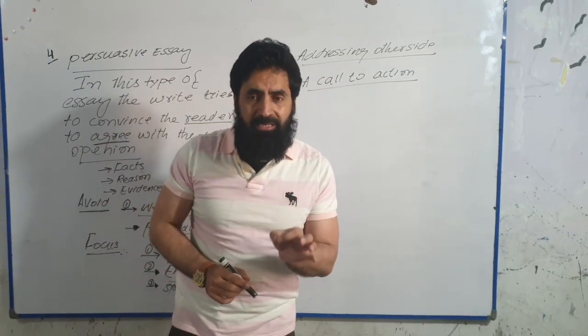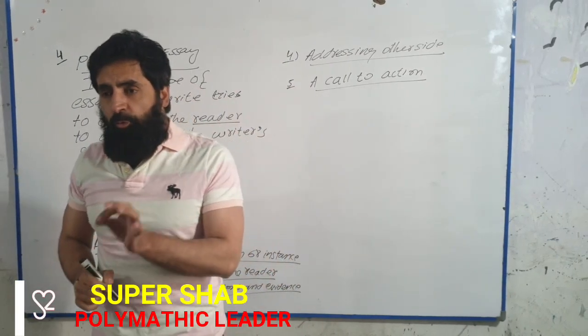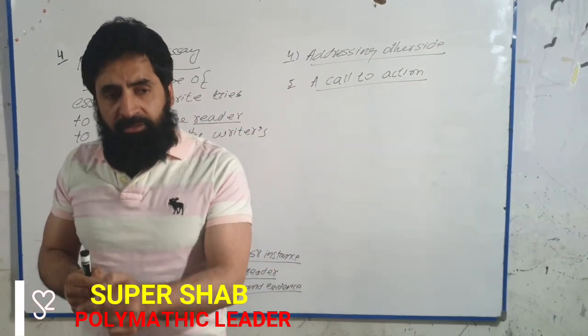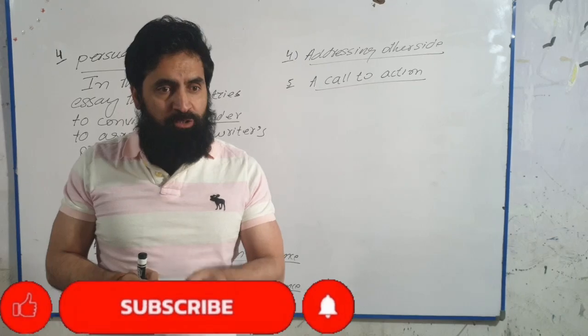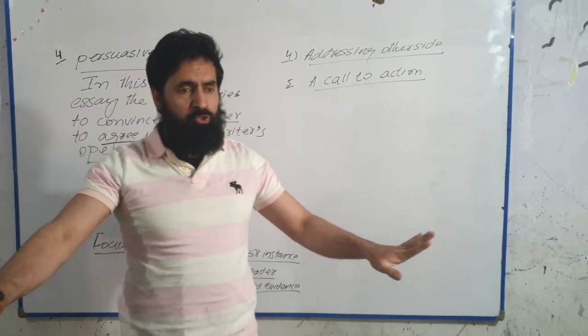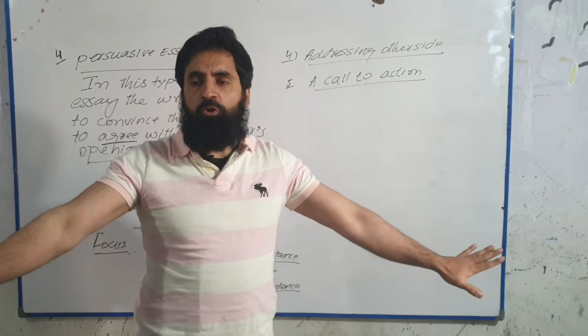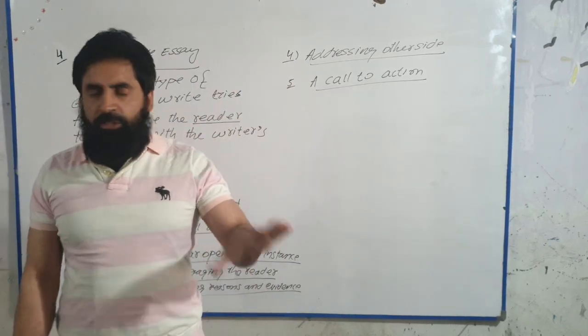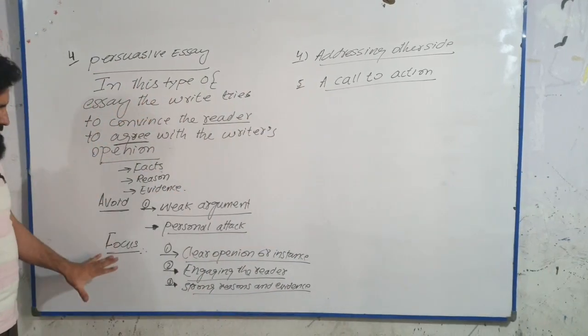Your essay should end in a way that when the reader reads it, he is encouraged to take some specific action, or he totally agrees with your point of view. So in this way a persuasive essay is written.